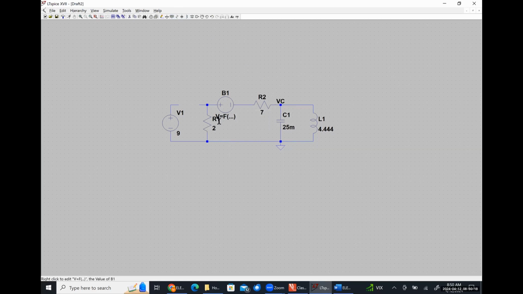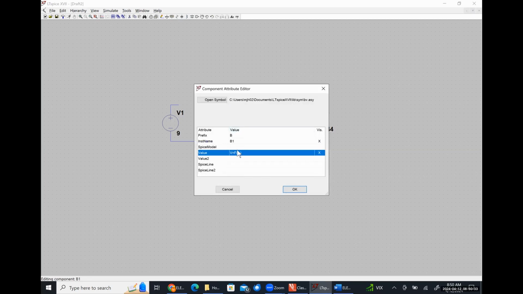Now I need to do this guy right here. I'm making an assumption here, and I might have to fix this in a moment. IA is the current that's flowing through the resistor R1 down. So I'm just going to change this mathematical function. I right-clicked on that behavioral voltage source element, and I'm editing the value parameter to say that V is equal to 3 times the current flowing through resistor R1.